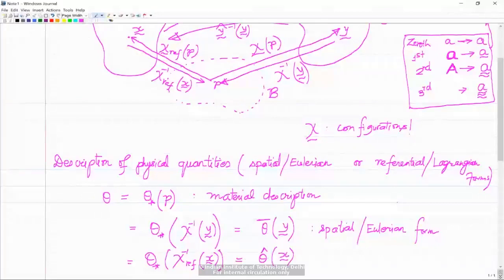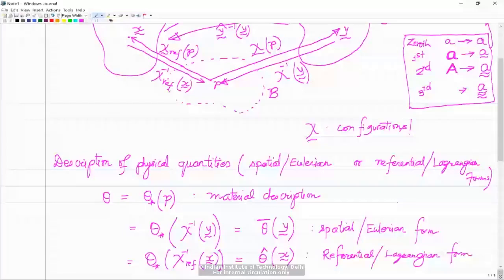And this is called referential / Lagrangian description. I hope these two new concepts are clear. Whenever you are expressing a physical quantity in terms of the current location of the particle, that's Eulerian. If it is in terms of the referential location of the particle, that's Lagrangian.